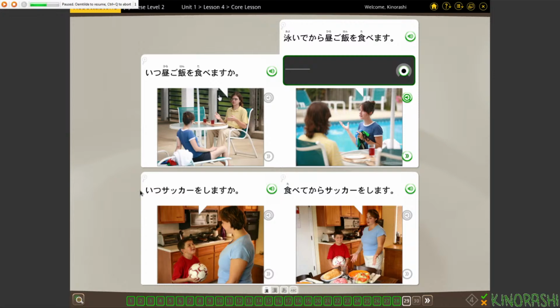Not sure what morata means, but it can also express from, since, a location or time. Umarete toki kara America ni sundeiru. I've been living in America since I was born. So I guess it's more like the second definition.